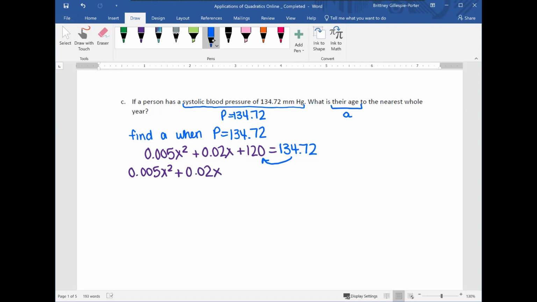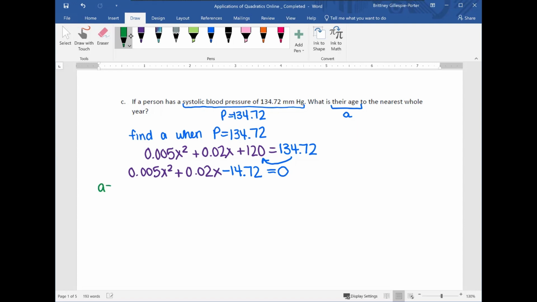When we subtract the 134.72 from both sides, we get negative 14.72, and now we have that equal to 0. Because we don't want to factor this, and we can't use square root property because of that middle term, we're going to use the quadratic formula. We need to identify A, B, and C.